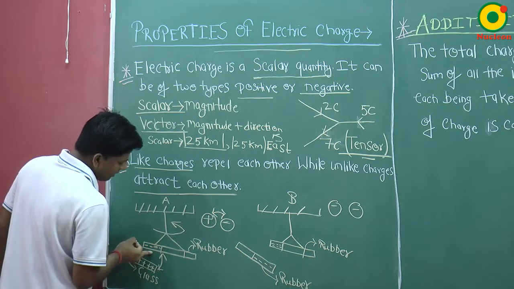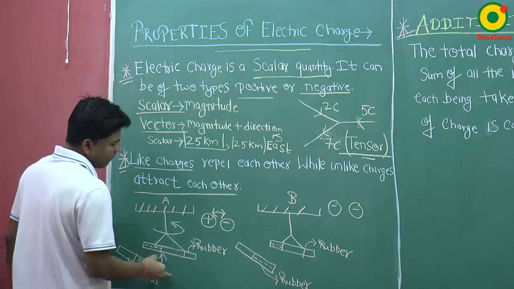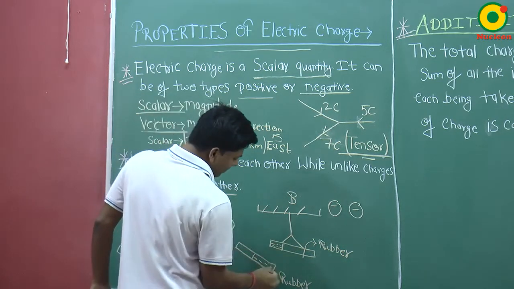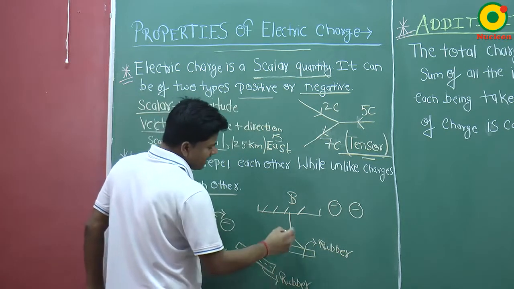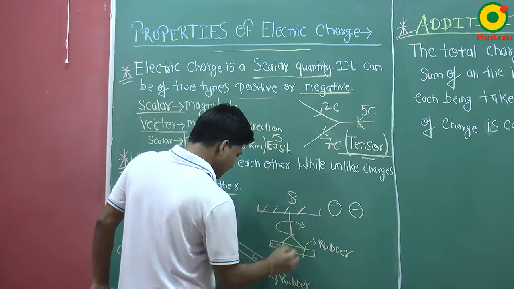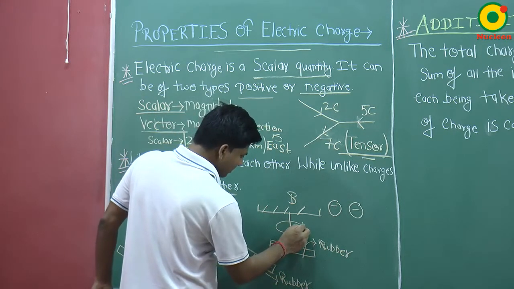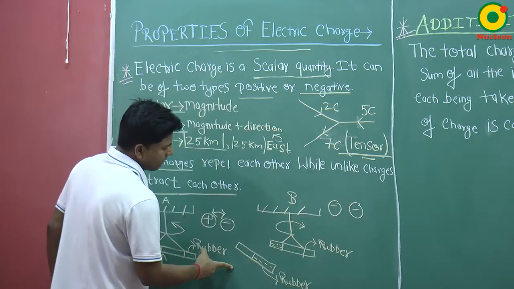As we bring the glass rod near to this, there is a force of attraction between them, and when we bring this rubber rod near to this one, it will move in the opposite direction, as there is a force of repulsion between both of them, okay?